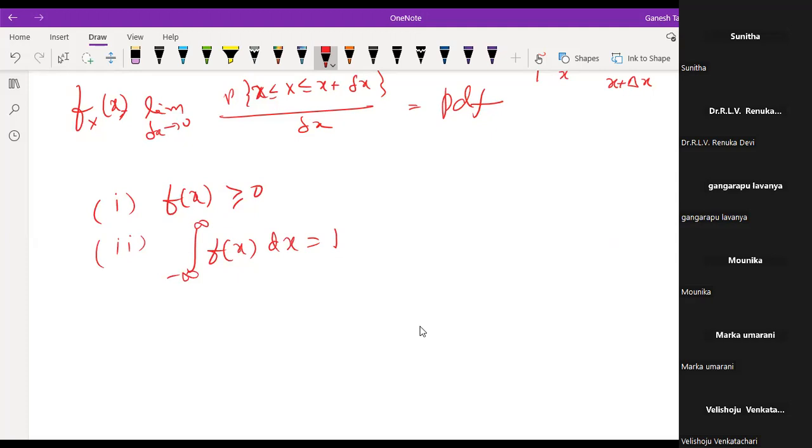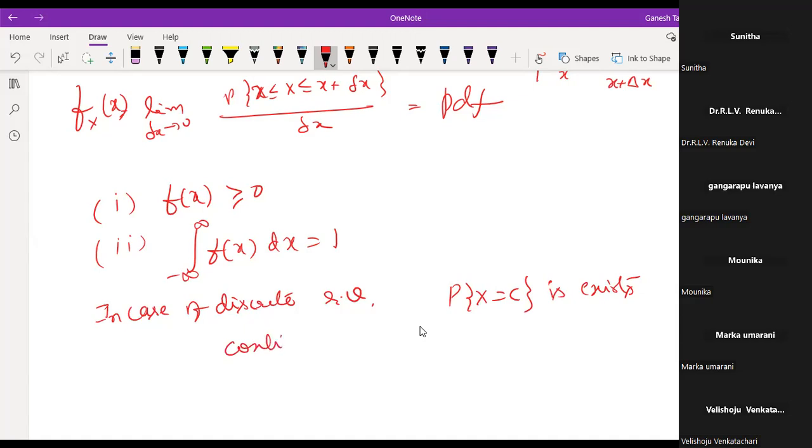In the case of a discrete random variable, the probability of x equal to c exists, right? X equal to c exists. Otherwise, second thing, if it is a continuous random variable, the probability of x equal to c is always 0 for every c, where c is a constant.